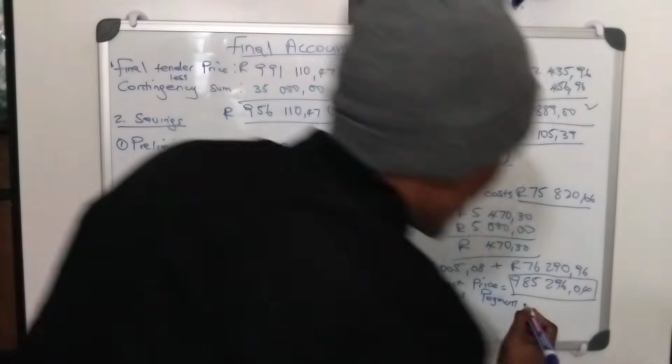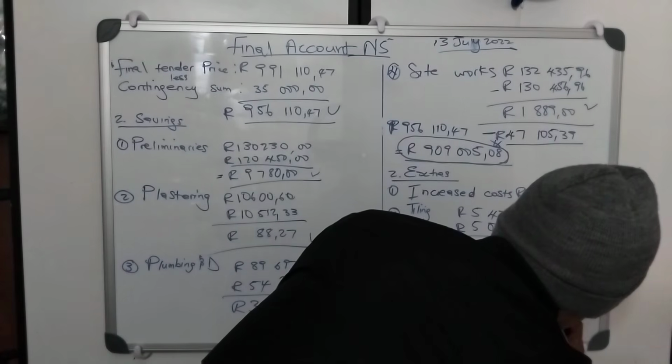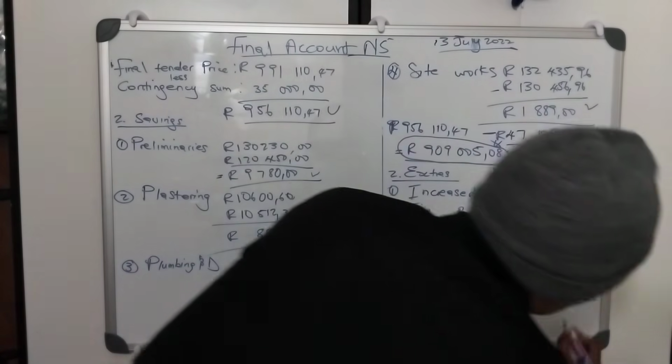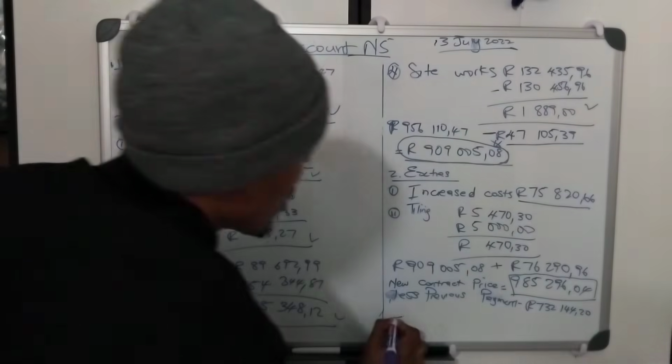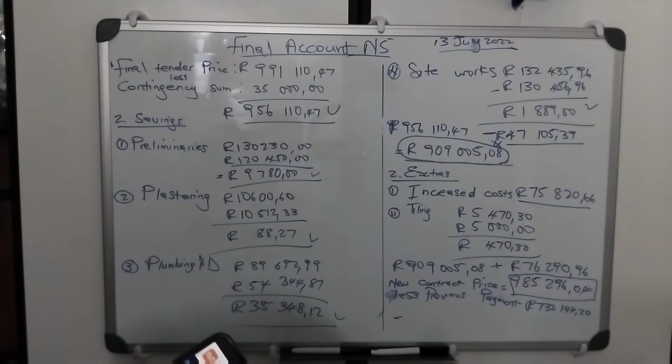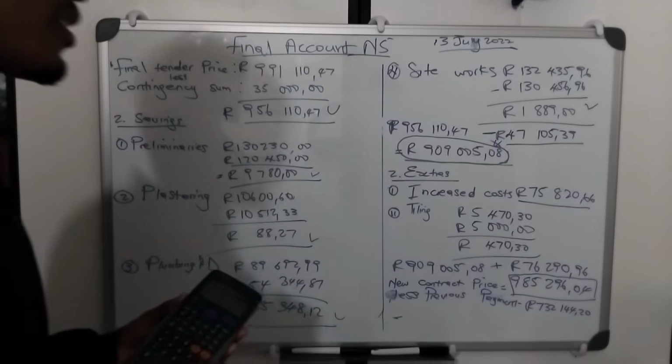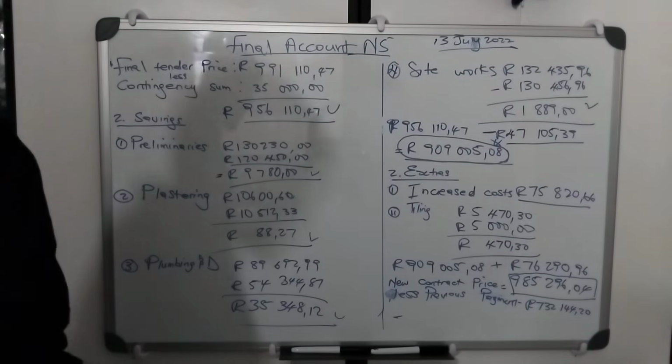What was the previous payment? It's 732,144.20. So now we subtract our previous payment from our new contract price.